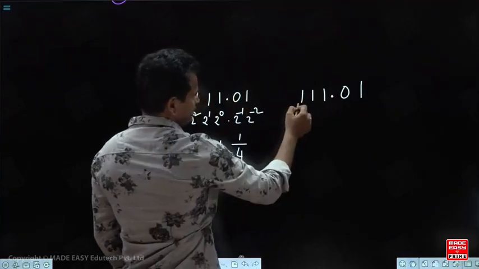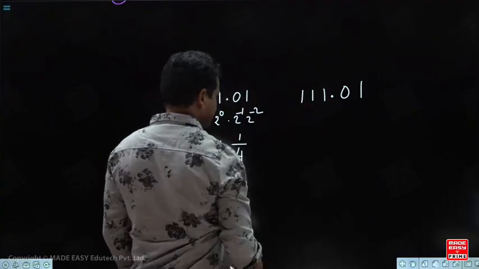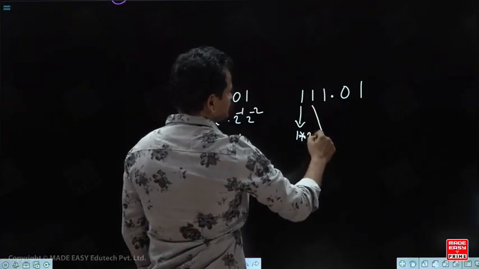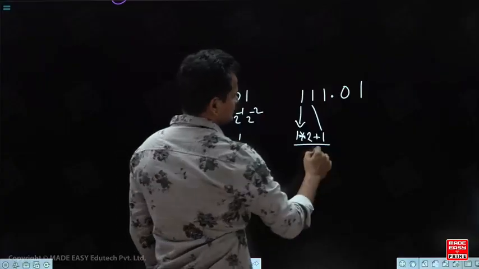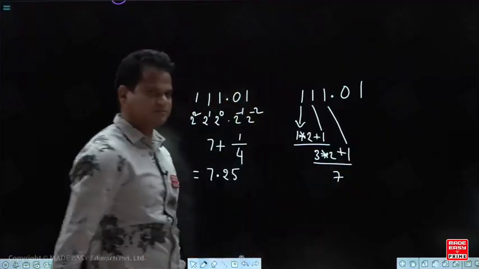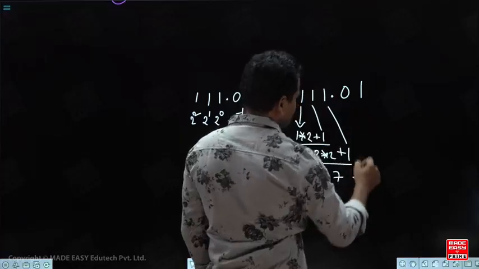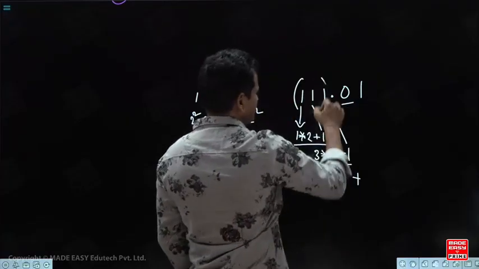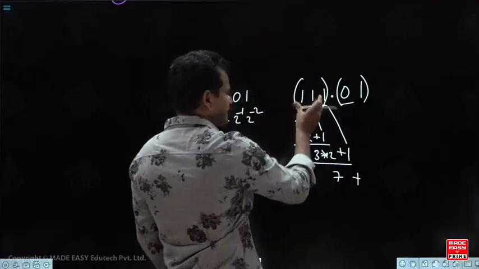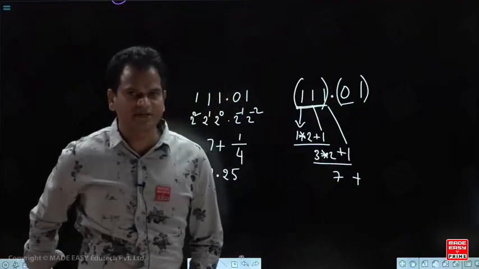We take 1 into 2 plus 1, 1 into 2 plus 1, that is 3, then 3 into 2 plus 1, that is 7. Now the binary point is there, so I will evaluate the part before the point and the part after the point separately. The triple one I will convert into decimal, and 01 also I will convert into decimal separately.